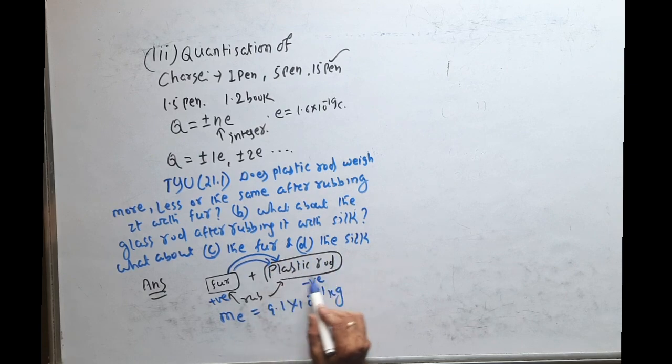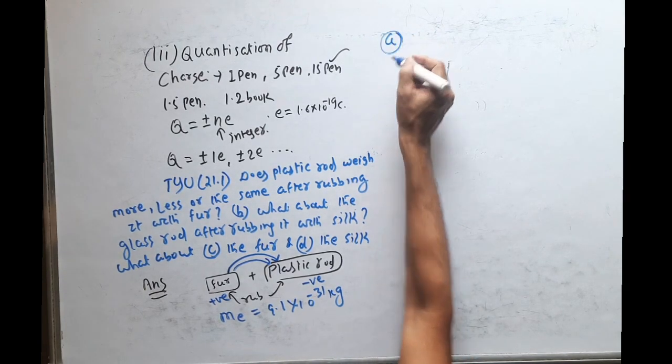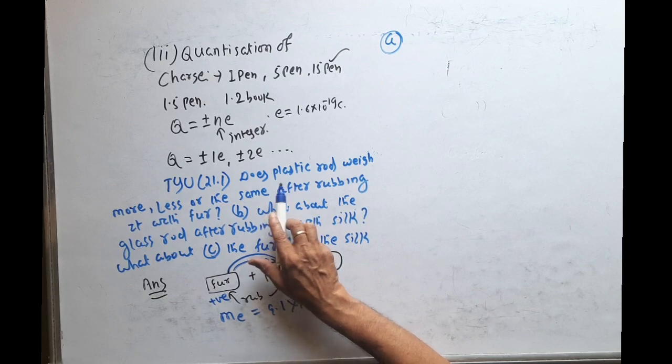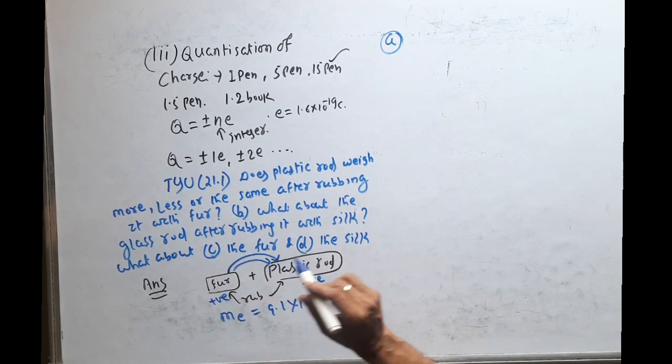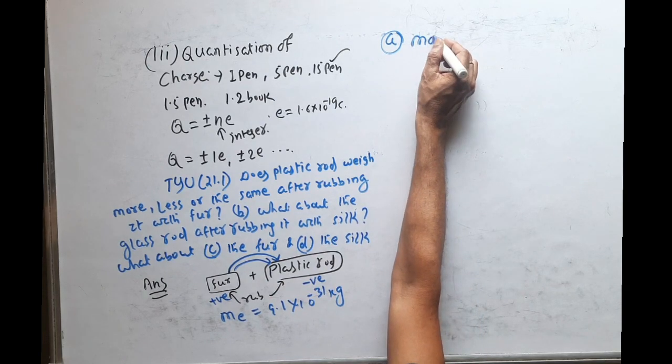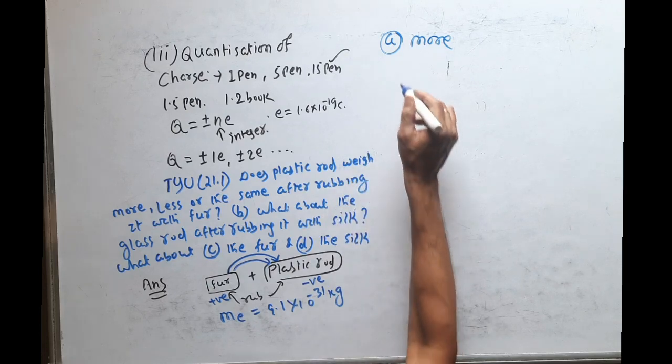If some electrons are added, the mass will increase. So the answer to the first part is more. The mass of the plastic rod will be more.